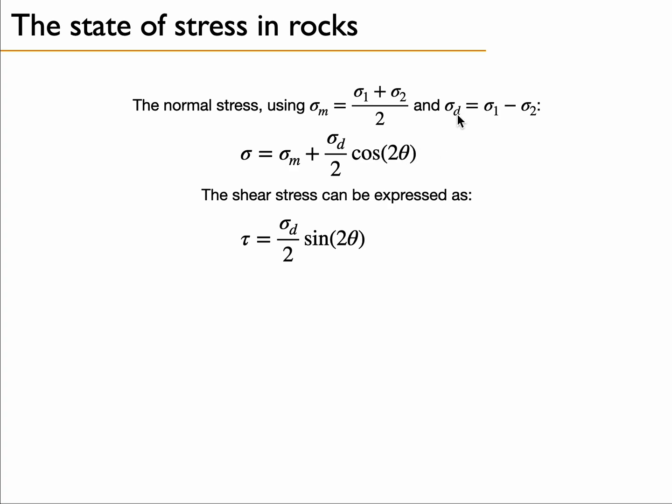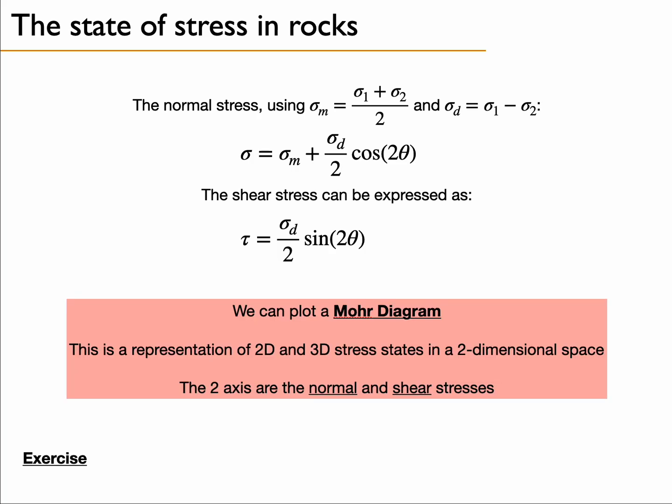And we introduce sigma d, the differential stress, sigma 1 minus sigma 2. Then the shear stress is simply expressed as sigma d divided by 2 times sine 2 theta. And what you can identify at this point is that these are the parametric equations for a circle.